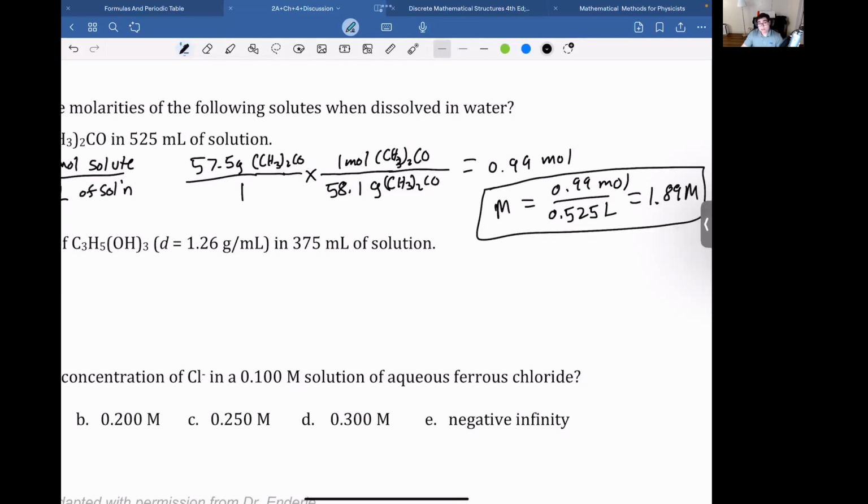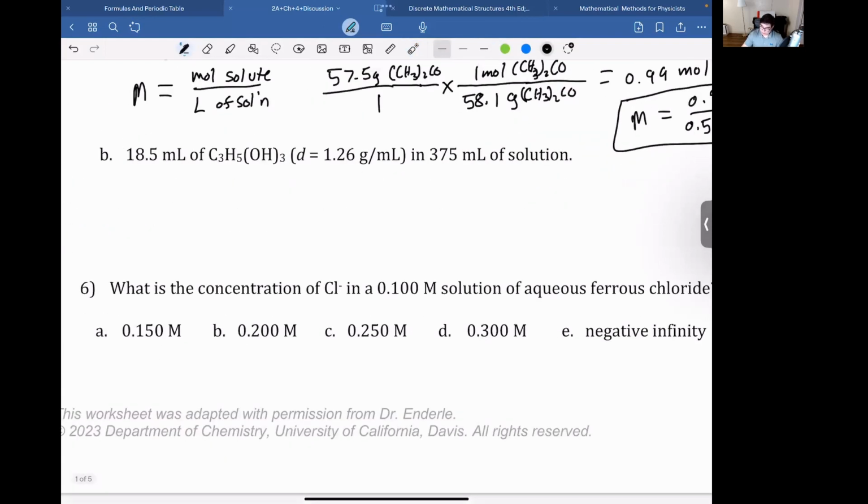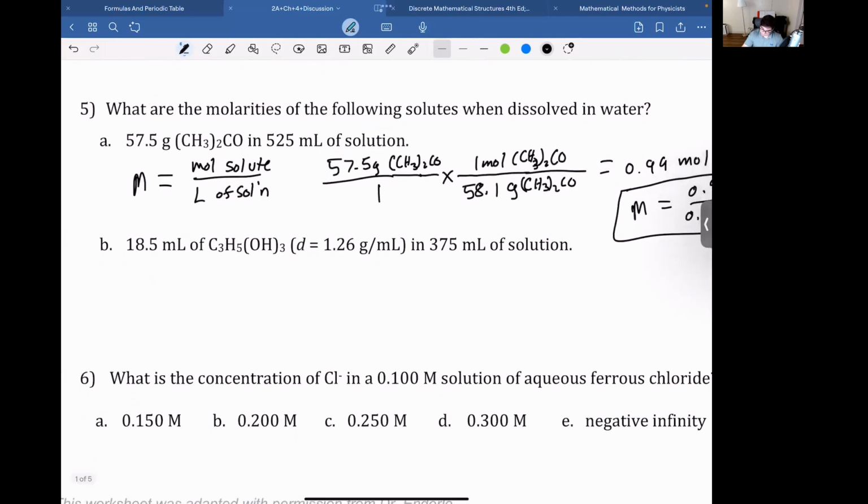That's it. You can do it fractionally too. If you just go across, I have a unit of volume on the bottom, but that needs to be in liters, so you convert to liters. That's also okay, they're mathematically the same.